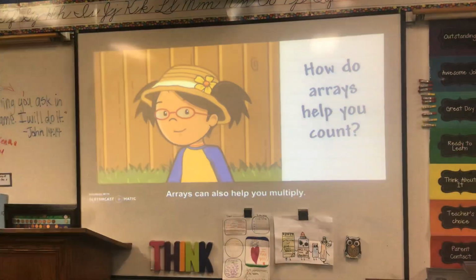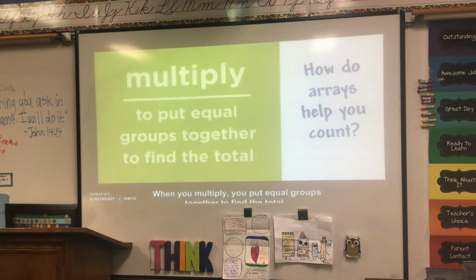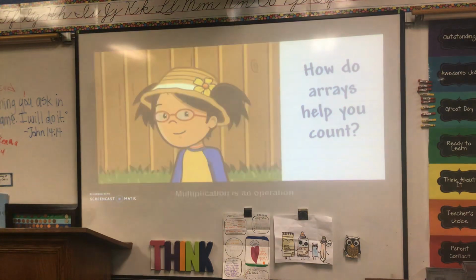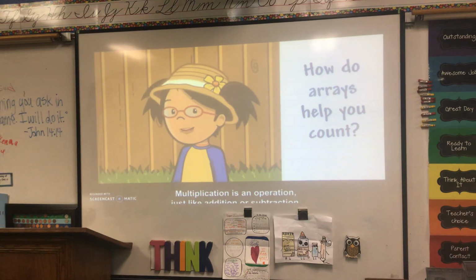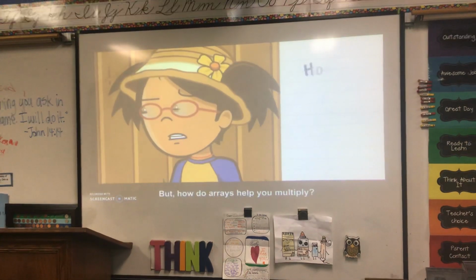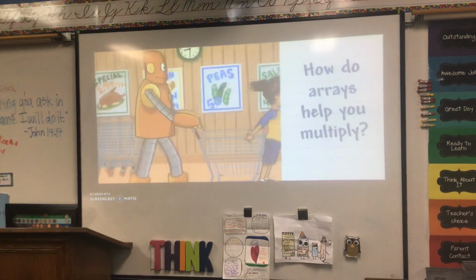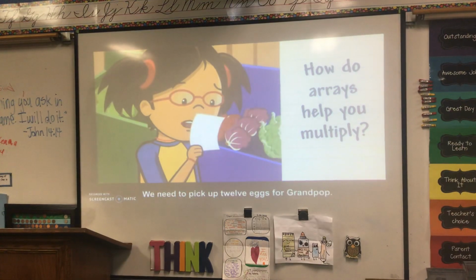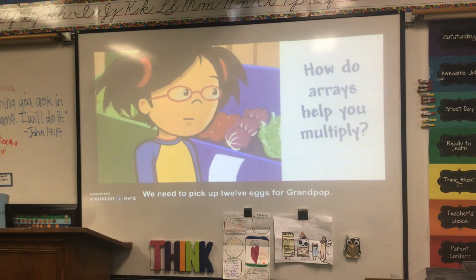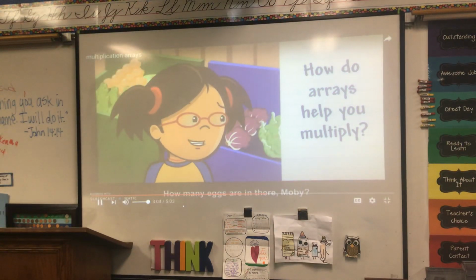Arrays can also help you multiply. When you multiply, you put equal groups together to find the total. Multiplication is an operation, just like addition or subtraction. But how do arrays help you multiply? We need to pick up 12 eggs for Grandpop. How many eggs are in there, Moby?